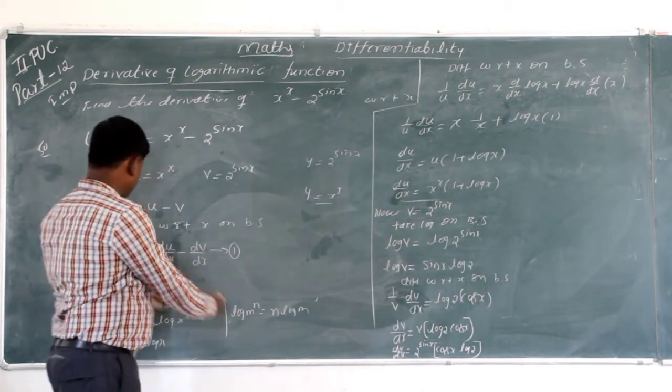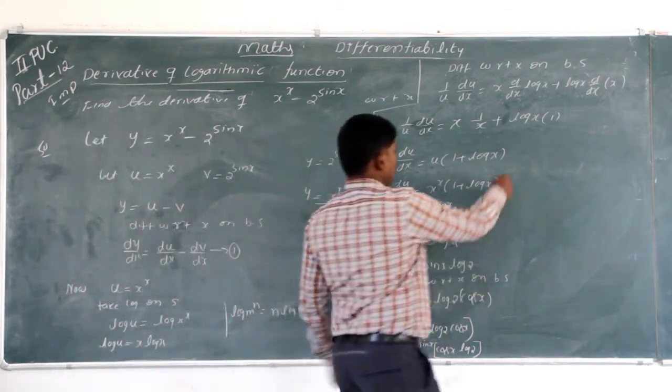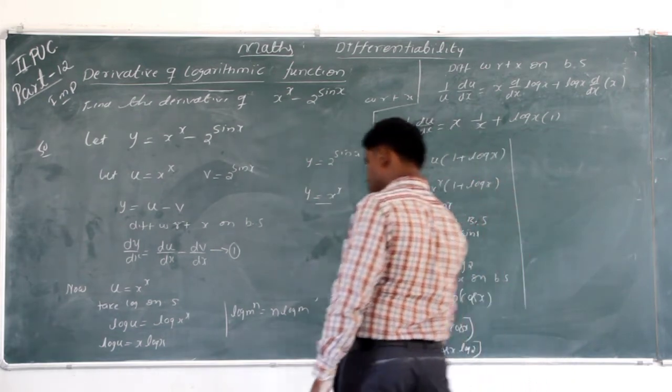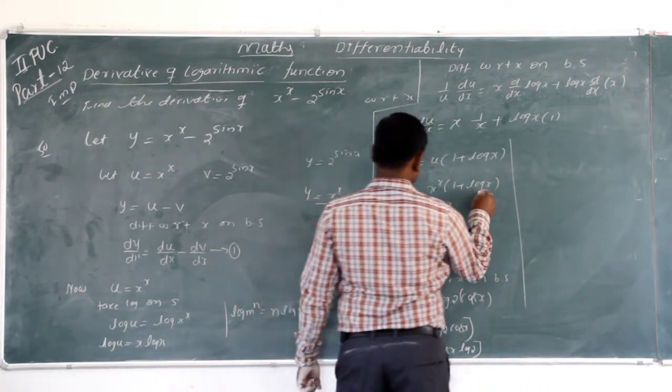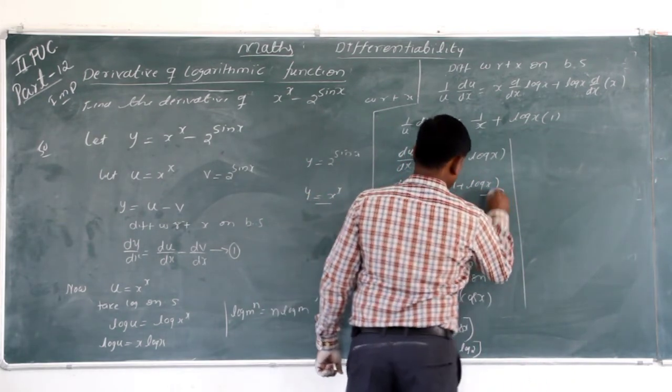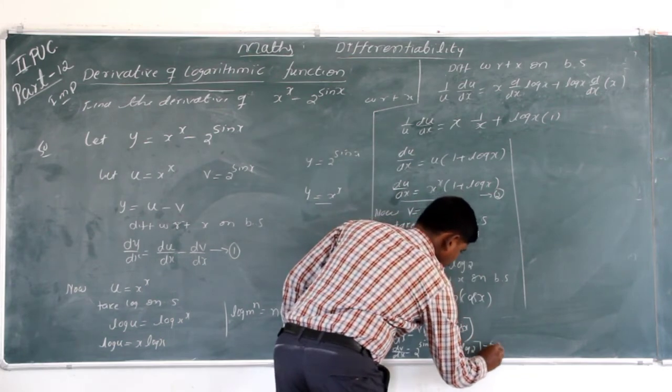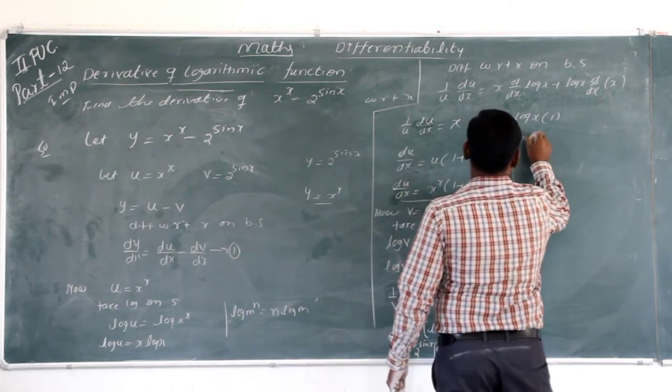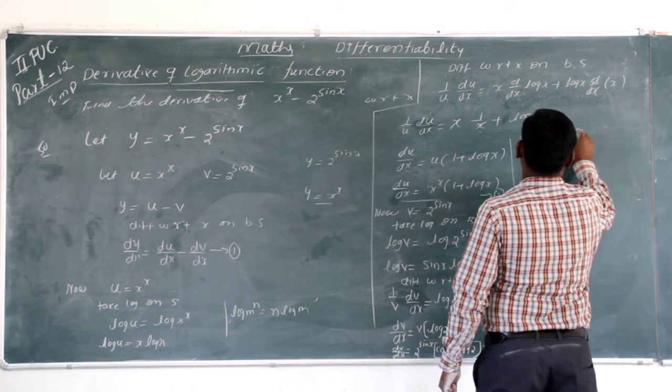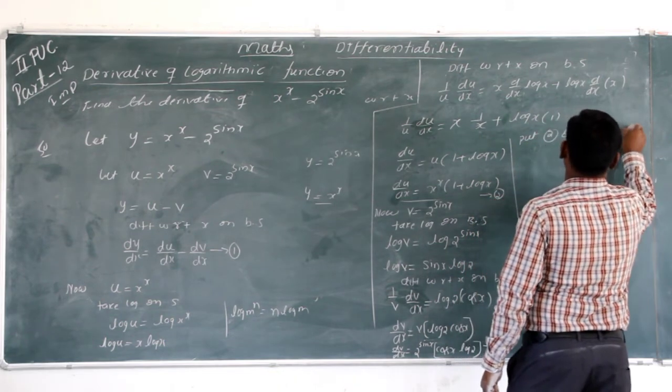So now the equation will become, put these two values here. It is taken as 1, it is taken as 2 and it is taken as 3. So put 2 and 3 in equation 1.